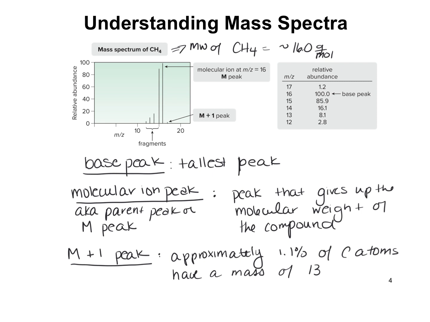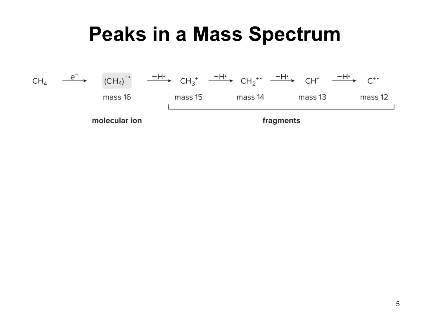Now, let's look at why we get some of those other fragments, okay? Because we see the base peak here, we see the molecular ion peak, we see an M+1 peak, but we also have these other fragments too, and so I want to talk about those just briefly. So, the molecular ion is unstable, okay?